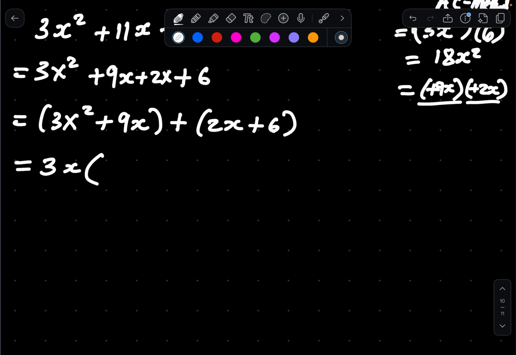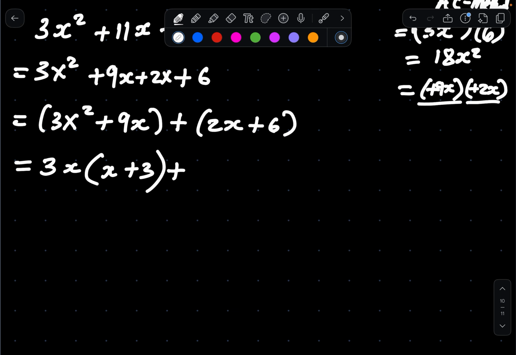Now let's see. 3 divided by 3 will give us 1, so we don't write it. x squared divided by x will give us x, so we show x here. And then we have positive 9 divided by 3. That will give us positive 3. And then the x and the x will cancel. Then we're done there. We have a plus there.